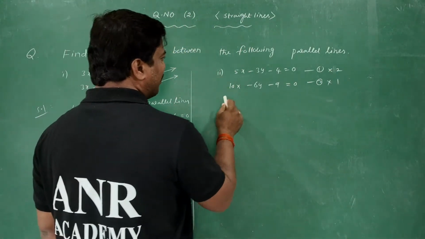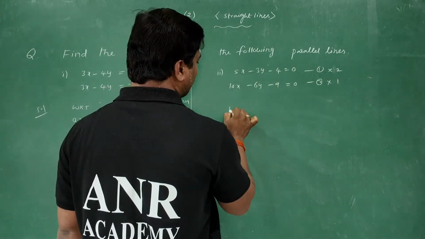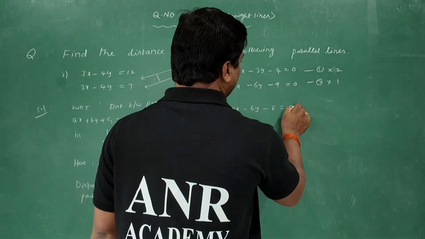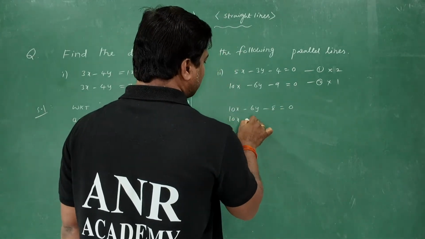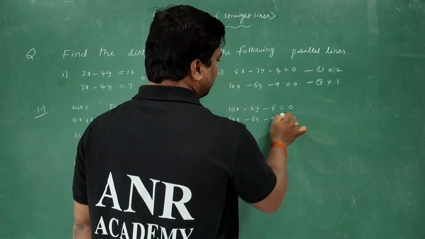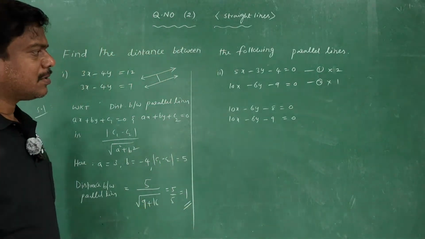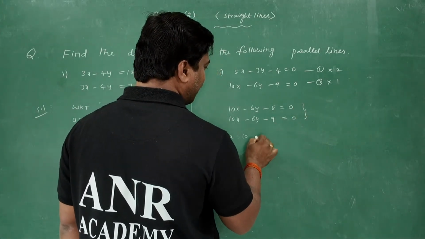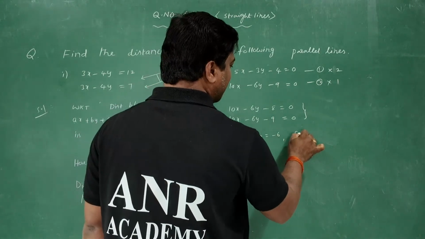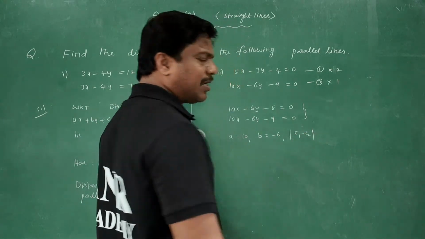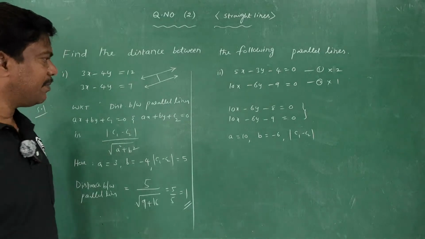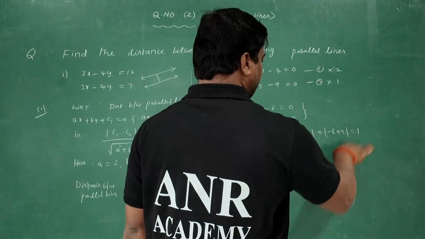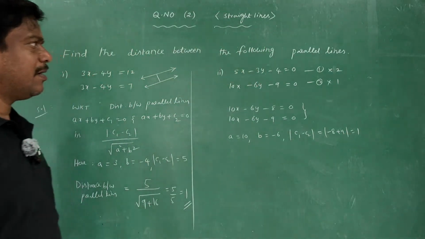By rewriting the above equations we get, the first one multiplied with 2, that is 10x minus 6y minus 8 equal to 0. Next 10x minus 6y minus 9 equal to 0. Okay. Now these two are parallel lines, and here the value of a is 10 and the value of b is minus 6, and for the difference between the constants, modulus c1 minus c2, I am going to calculate. Minus 8 plus 9, that is 1 unit, right?